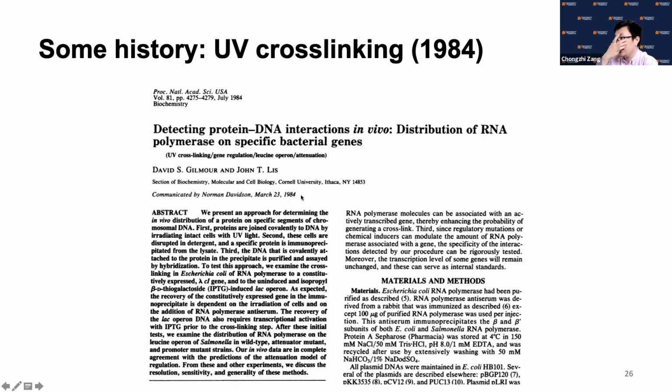He found a way to use UV cross-linking that can cross-link protein-DNA interactions in vivo. They first did the experiments in E. coli. And a few weeks ago, you just heard the lecture by one of John Lis's former students, Dr. Mike Guertin.